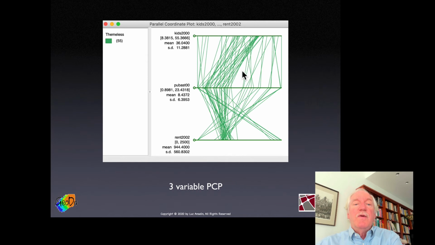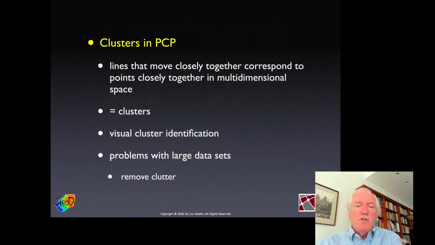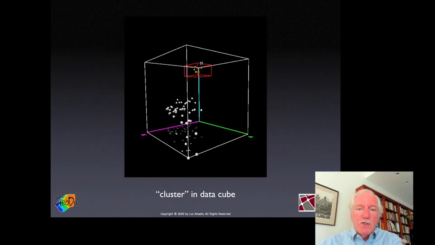Most importantly, we use the parallel coordinate plot for something called visual cluster detection. And let me illustrate this. So what are clusters in a parallel coordinate plot? Remember, clusters in a 3D scatter plot, we just saw one. This is an example of what could be a cluster. These are points in three-dimensional space that are very close together.